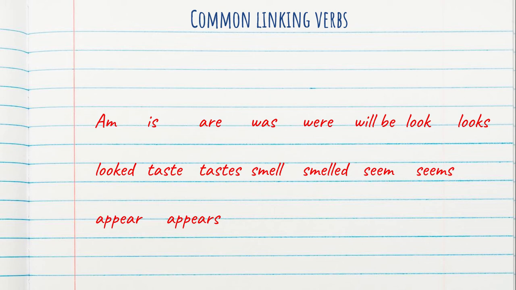We use look when the subject is plural, and we use looks when the subject is singular, or we use looked with past, okay? So the form of the verb could be in present or past, singular or plural. Okay, so that's why I wrote so many of them.